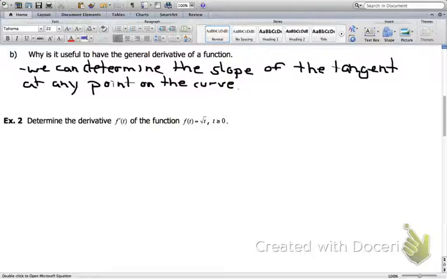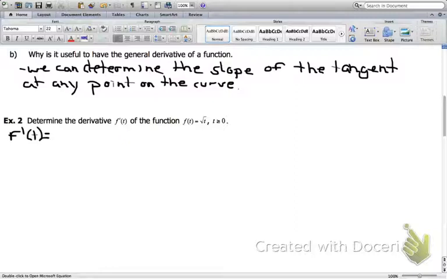So for example 2, we want to determine the derivative f prime at t of the function f at t equals the square root of t, where t is greater than or equal to 0. So once again, we're going to use our limit as h approaches 0 of f at x plus h minus f at x all over h.